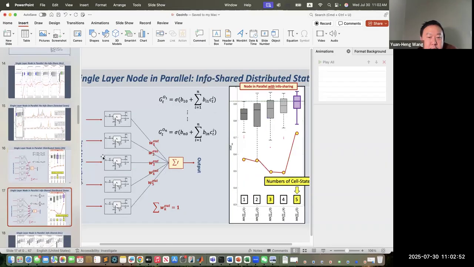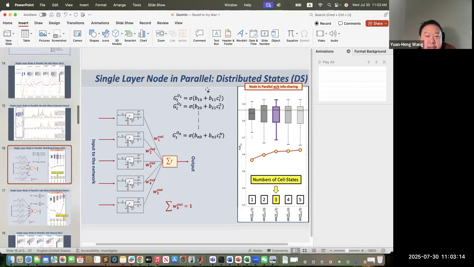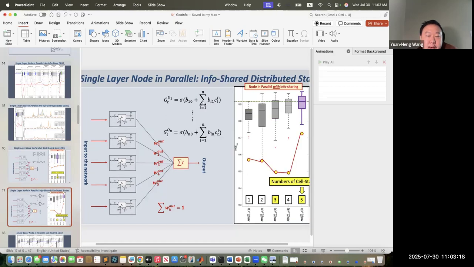But for the information sharing here, for the first node, the output gate is a bias plus a parameter times the cell state in itself, and then another parameter times the cell state in the second node. So in the first case, the parameter in the output gate is 5 times 1. But here, the parameter in the output gate is 5 times 5.